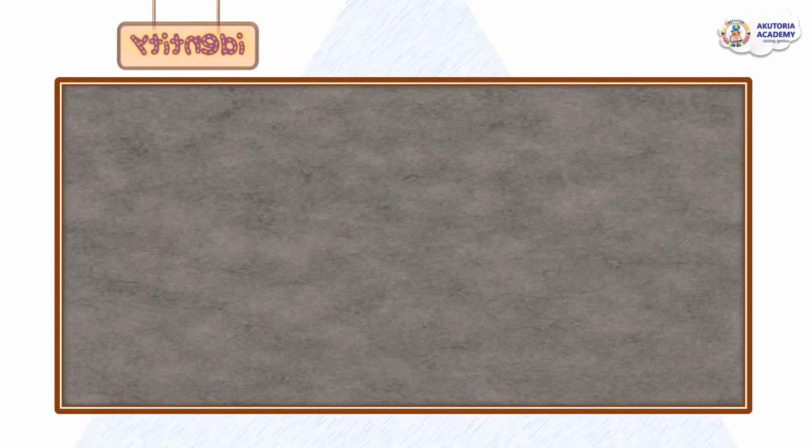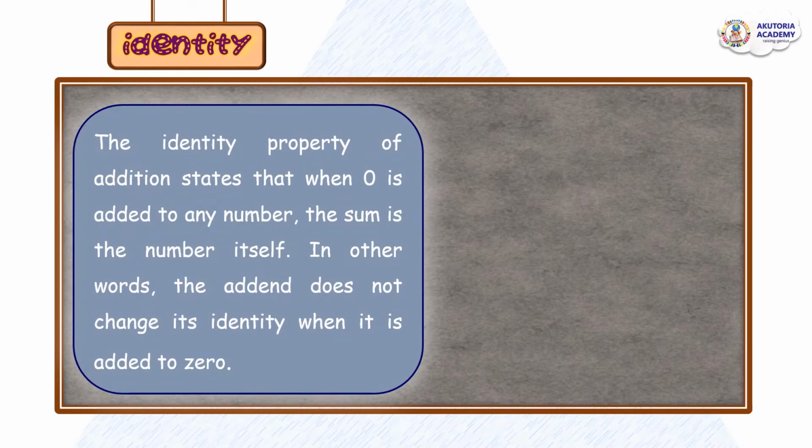Now, identity property. The identity property of addition states that when 0 is added to a number, the sum is the number itself. In other words, the number does not change its identity when it's added to 0. Whenever we have any number plus 0, our answer would still be that number.